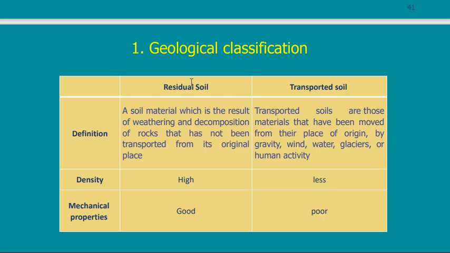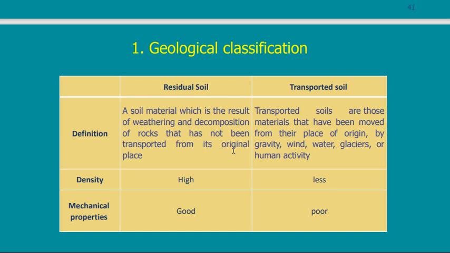So residual and transported. By definition, a residual soil is a soil material which is a result of weathering and decomposition of rock that has not been transported from its original place. It was rock, disintegrated to be soil in place. It did not move. The other is the opposite.